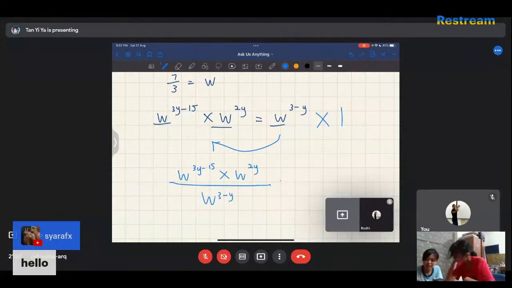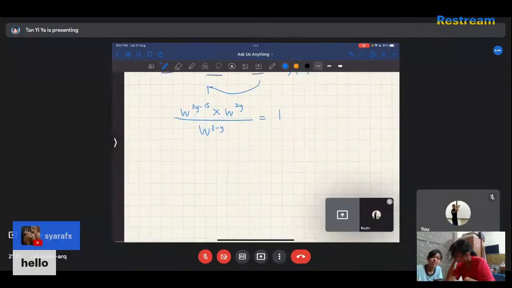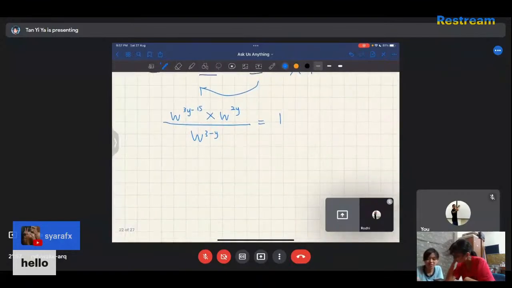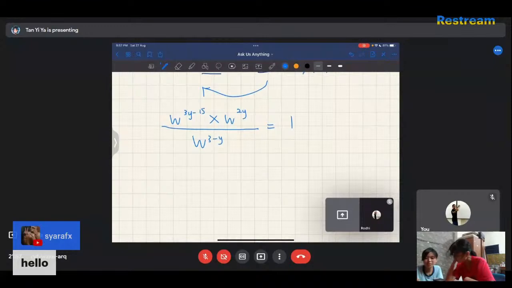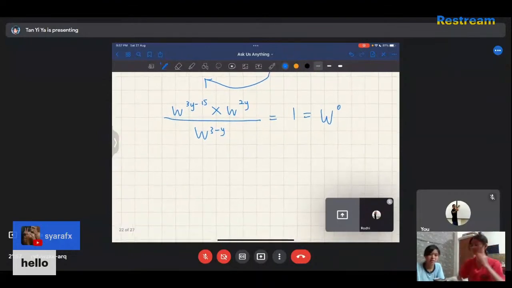The right hand side will just equal 1. 1 is also equal to w power of 0, because anything power of 0 is equal to 1. When it's times, it is plus. When it's divide, it is minus.